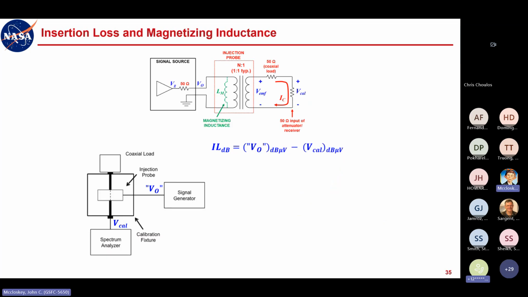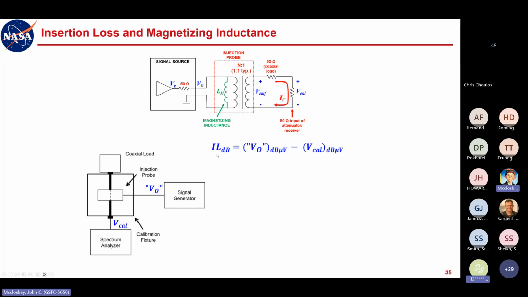So we look at insertion loss. Insertion loss is defined, again, in a rather strange way, but here we go to make sense out of it. This is how they tell you to measure insertion loss in the MIL standard: you apply a signal from your signal generator, go through the injection probe, and then measure what is coming out into your spectrum analyzer or any measurement device here.